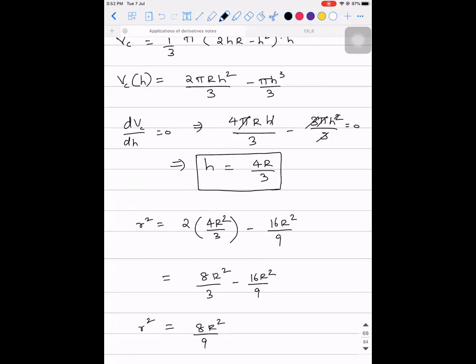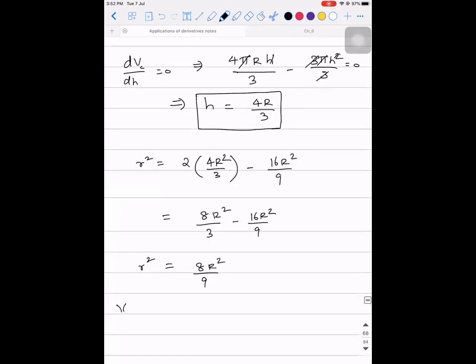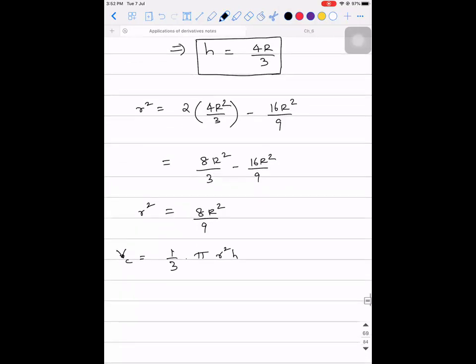So this is the value of small r square. What is the volume of the cone? 1 by 3 pi small r square into h, so 1 by 3 into pi into 8R square divided by 9 into the value of h, which is 4R by 3.